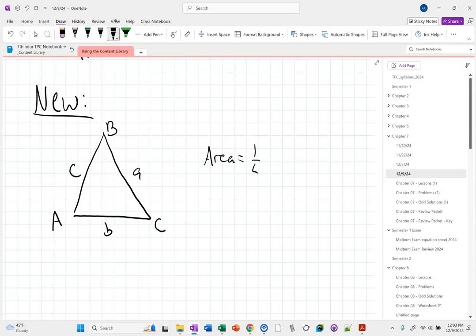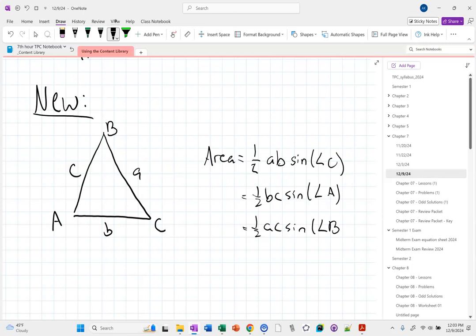Our area I can write as 1/2 AB sine of angle C. Or I could write it as 1/2 BC sine of angle A. Or I could write as 1/2 AC sine of angle B.